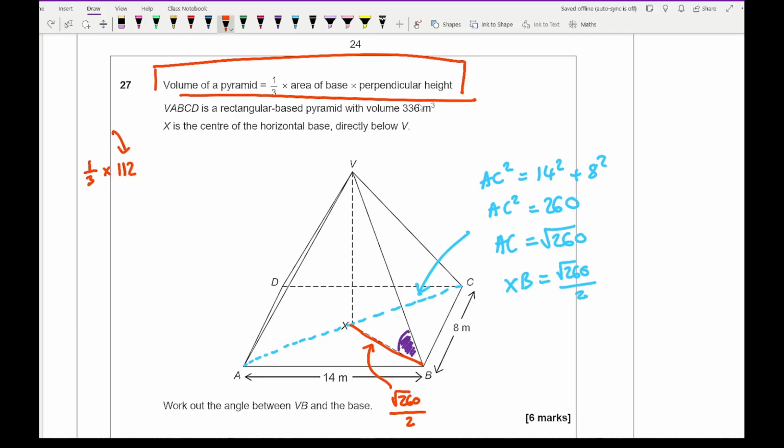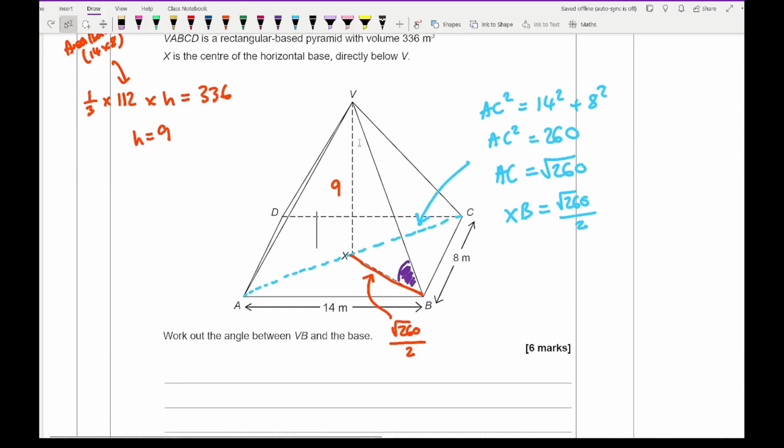Well, that's from the area of the base, which is 14 times 8. And that's times by h equals 336. So rearranging this, what I then end up with is that h equals 9. So this distance here is 9.